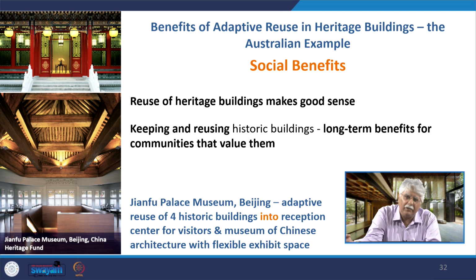We are keeping and reusing historic buildings, like I told you a couple of slides back, with long-term benefits for communities that value such buildings. For example, the Zhenfu Palace Museum in Beijing, adaptive reuse of 4 historic buildings into a reception center for visitors and museum of Chinese architecture with flexible exhibit space.